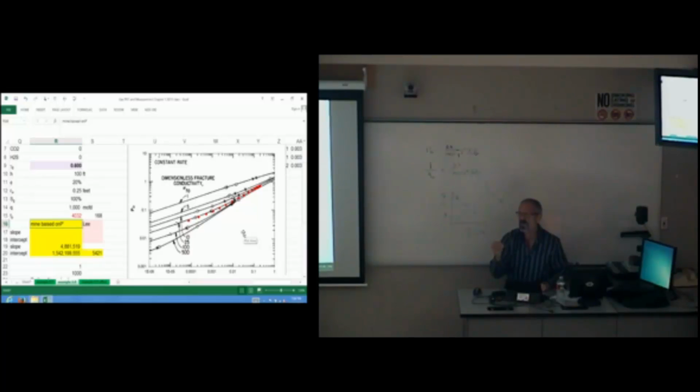And also important is the time that linear flow starts. So just like we use the radial type curve to determine which data to select on our specialized plot, this aids us in selecting data that we would use on our specialized plot.